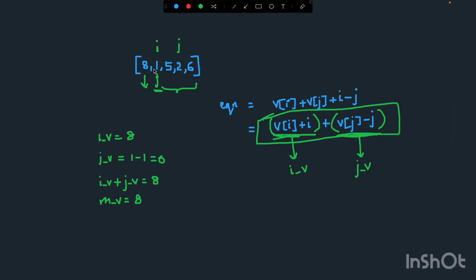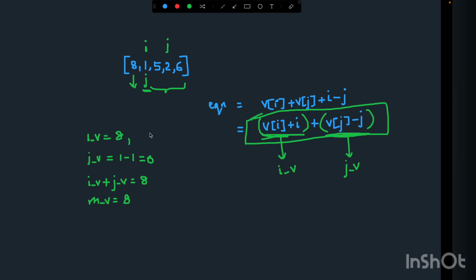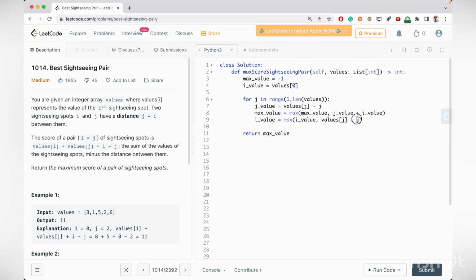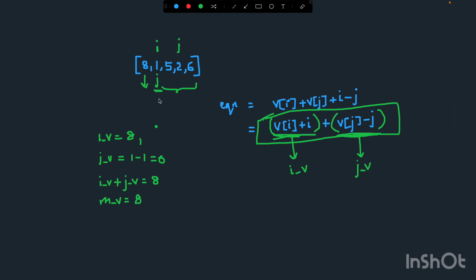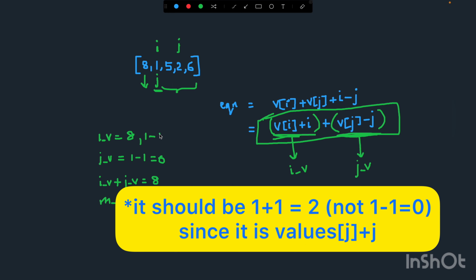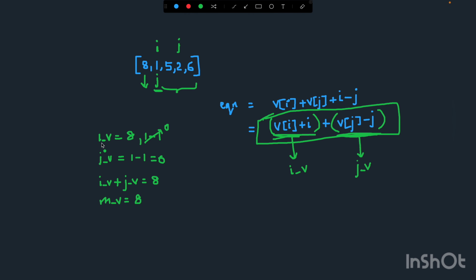For that reason, I'm trying to find the maximum I value using either the previous value of I value, or else the current index of j, that is the value of j. Hope you're getting it. That is 1 minus 1, right, as we have calculated in the previous step, that is equal to 0, right? So I'm trying to update my I value in every iteration as well.